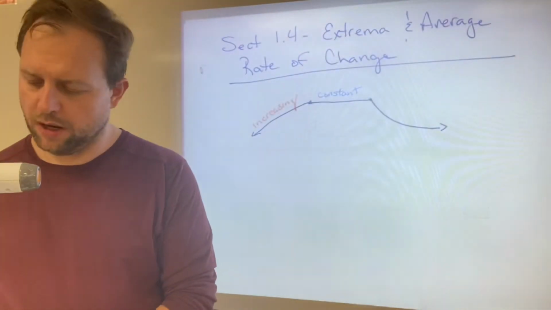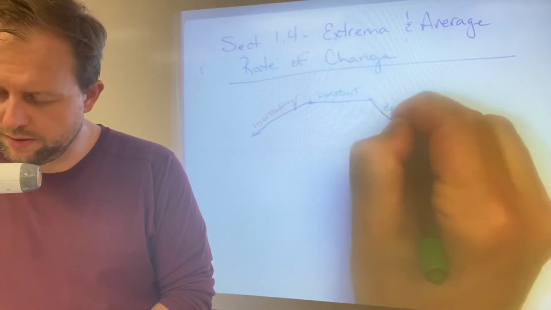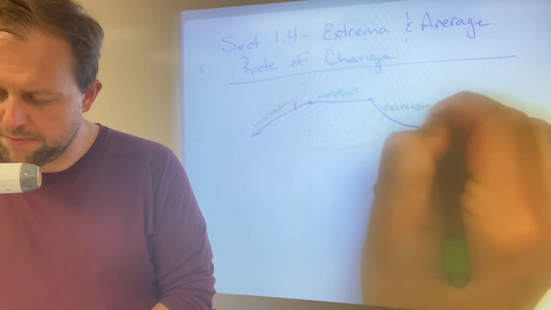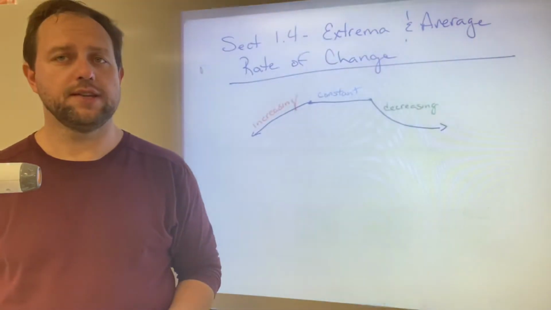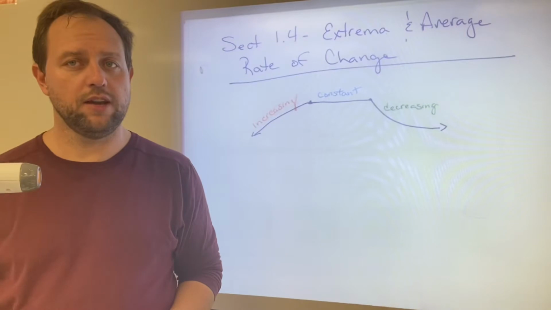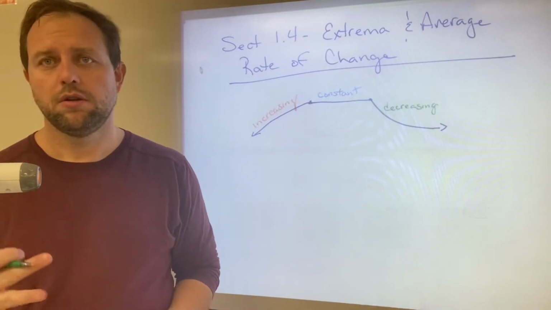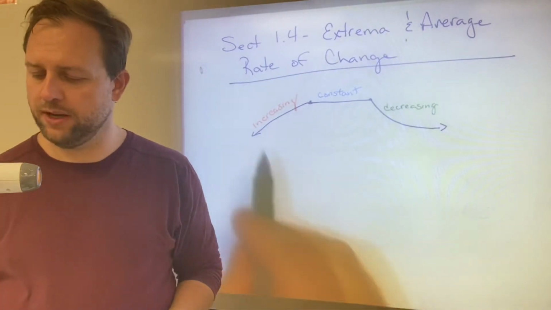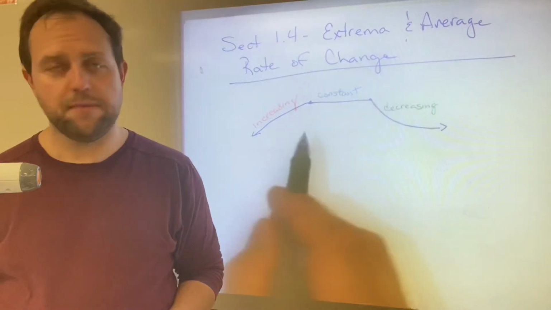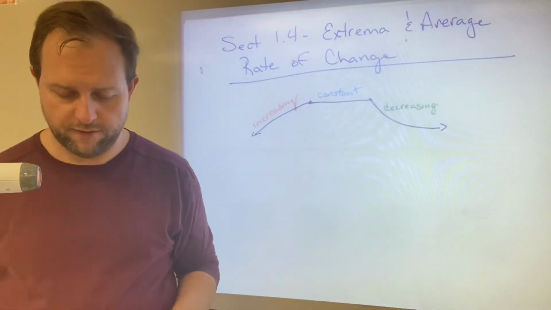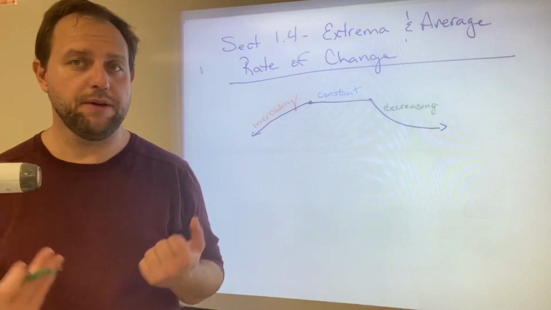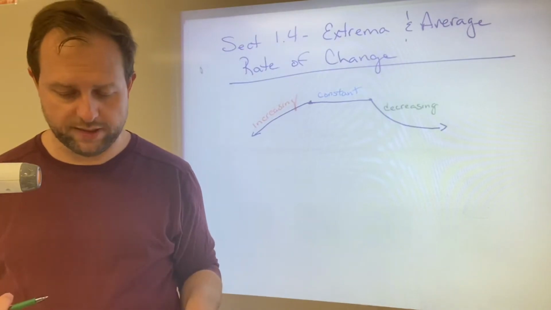And there's a part where it could be decreasing. Now remember, not all graphs have all of these. The graph may be only increasing for its whole distance. It may be just decreasing and increasing. It may be a constant, the entire graph. So we just need to look at them and piece out what's what and where's what is.